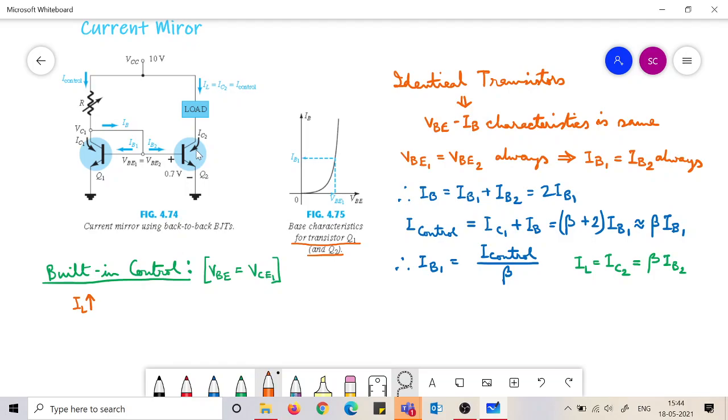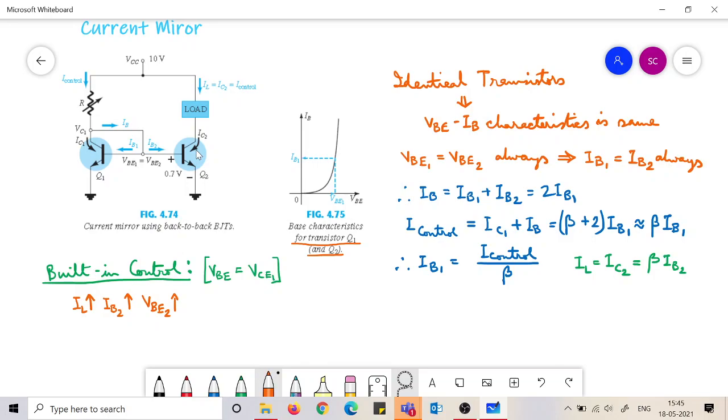If IL is increased, IC2 is increasing because IL and IC2 are same. This is increasing your IB2. Why? Because IB2 is IC2 divided by beta. Beta is constant. IC2 is increasing means IB2 is also increasing. When IB2 is increasing, VBE2 is increasing.